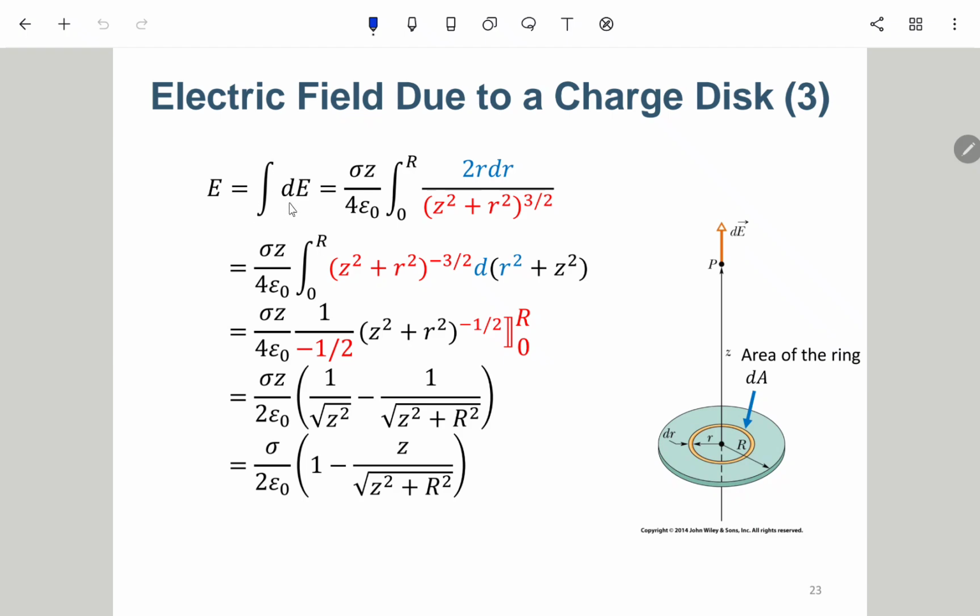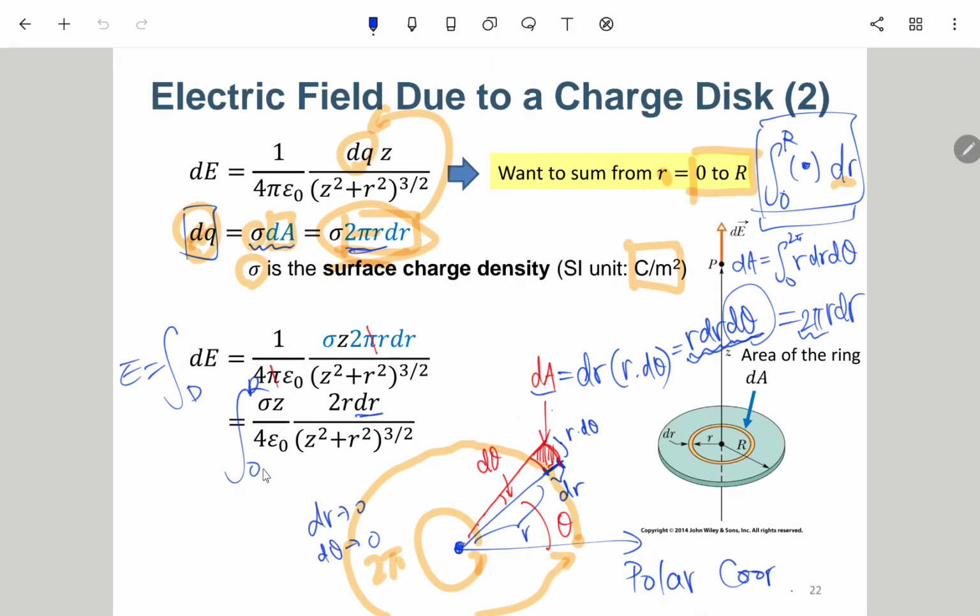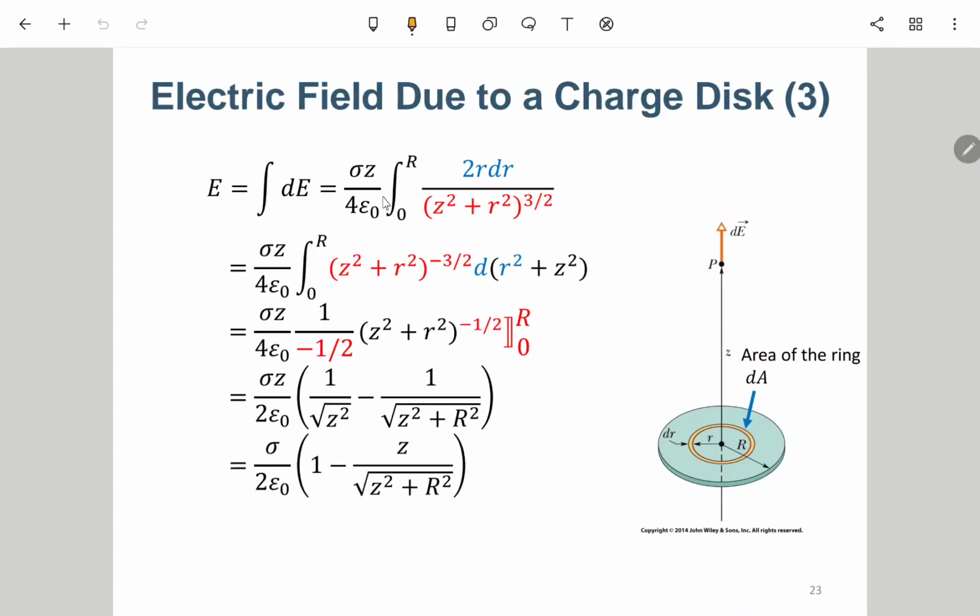So E equals the integration of dE, and we just put the integration sign from 0 to r here, and then we take out the stuff which is independent of r. This part is independent of dr. Here we have r, so this part should be kept inside the integration sign, and this part can be put in front.